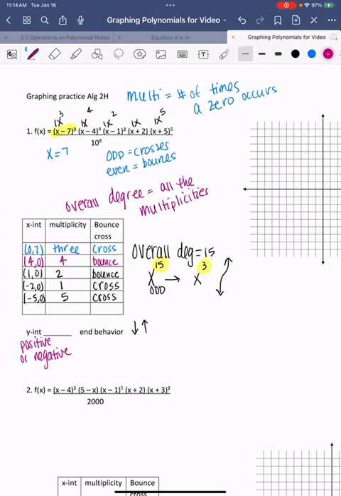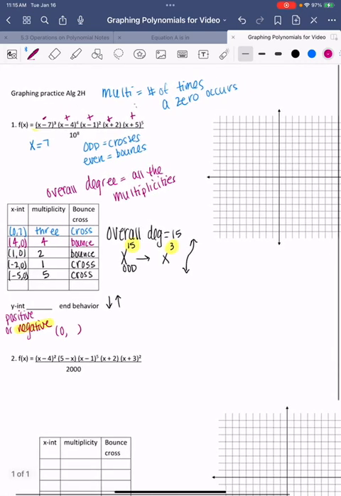If you want to find the y-intercept of anything, you plug in 0 for x, always. If you plug in 0 for x, you're going to get a negative number, a positive number, a positive number, and a positive number, which is all going to end up, when you multiply that all together, negative. So I've got some negative y-intercept.